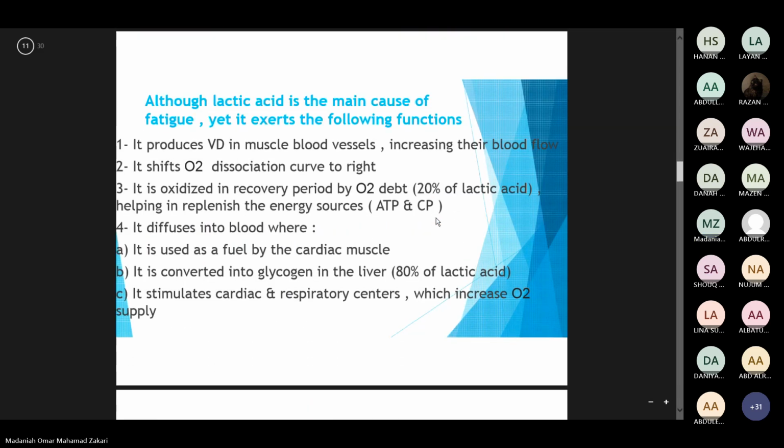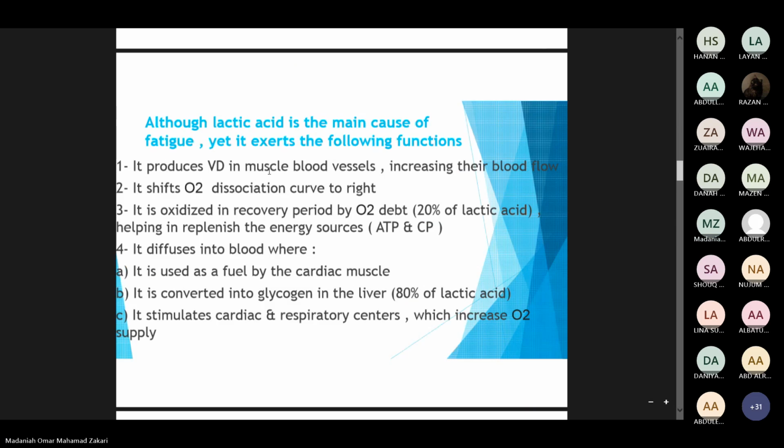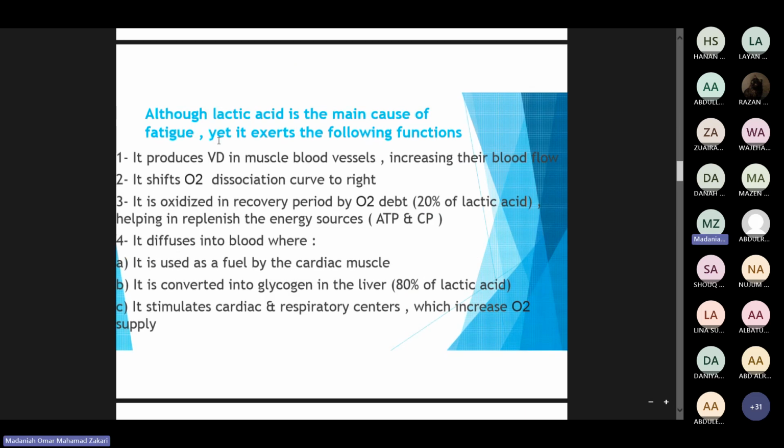Though lactic acid is the main cause of fatigue, it exerts important functions. Actually, lactic acid produces vasodilatation in the skeletal muscle blood vessels, increasing their blood flow. So it is considered a local regulator of blood flow to the skeletal muscle.